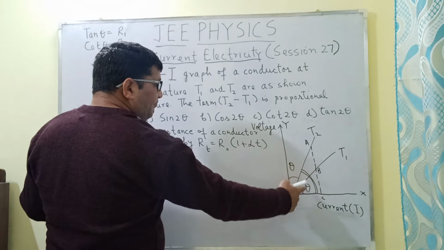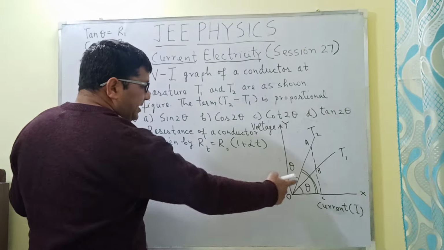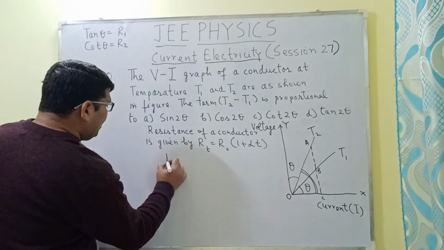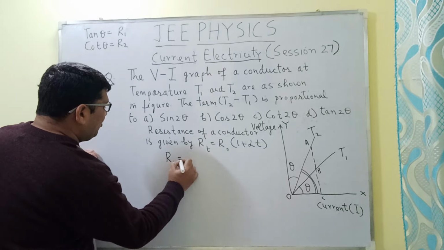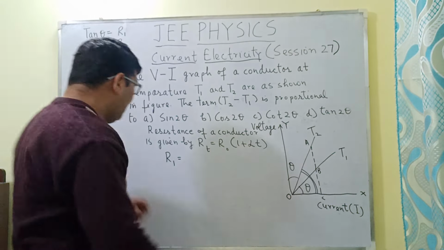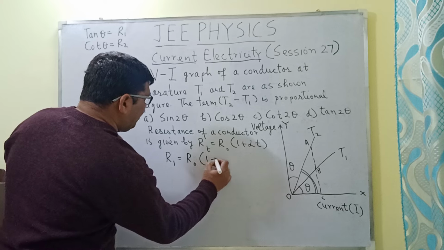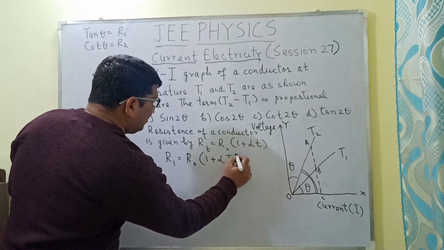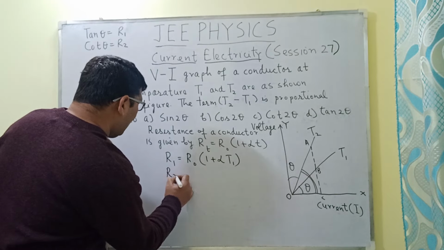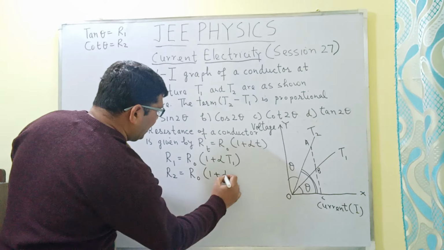Considering this line, which is inclined with the x-axis at an angle theta, R1, the resistance of that conductor at temperature T1, is equal to R0 (1 plus alpha T1), and similarly R2 will be equal to R0 (1 plus alpha T2).